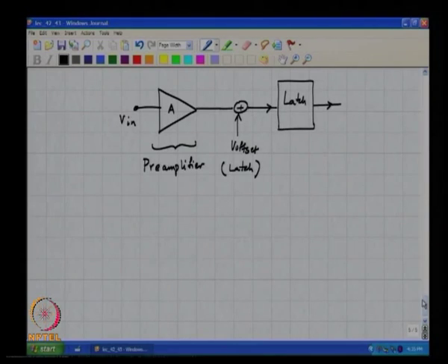Right. So, it is not quite fair to assume that there is mismatch in the latch and there is no mismatch in the preamp. If devices are mismatched, they are mismatched everywhere, which means that it is very likely that the preamp, whose job is to take the input voltage and multiply it by a large factor, does not just give you A times V in, it adds its own offset.